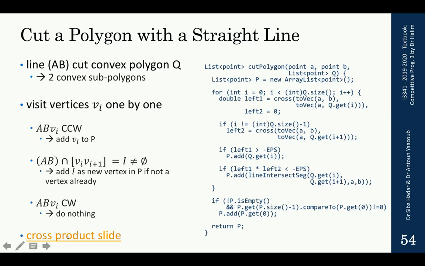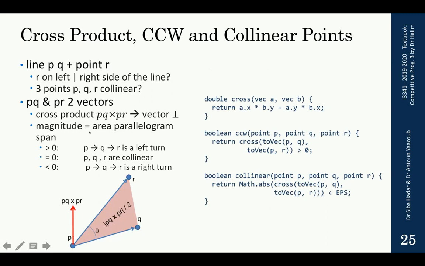Let's go back to the cross product slide to remember what this cross product does. I clicked on the cross product from part 1 of the chapter, and I remember here that if the cross product is positive, then PQR is a left turn; if it is 0, then PQR are collinear; and if it is negative, then PQR form a right turn.